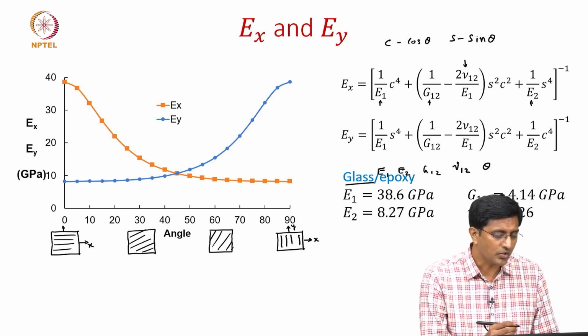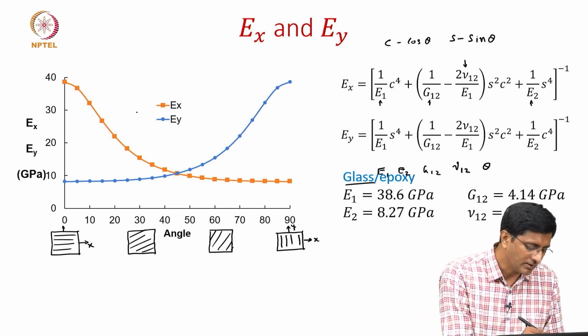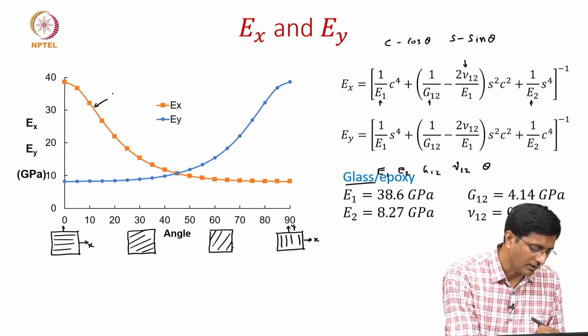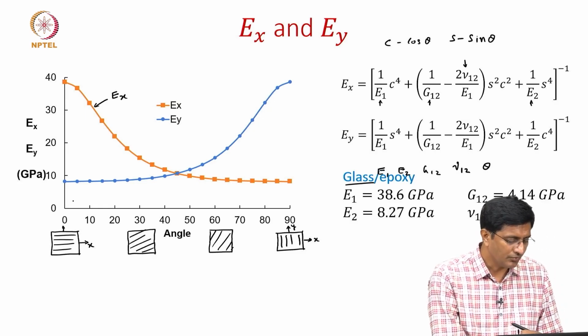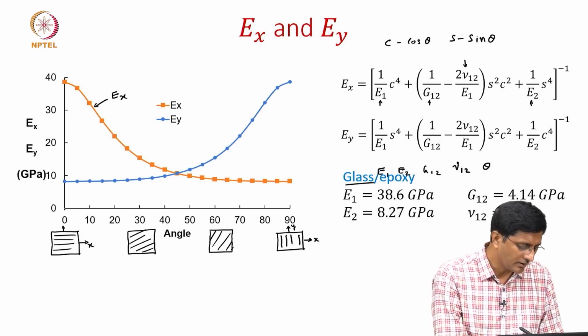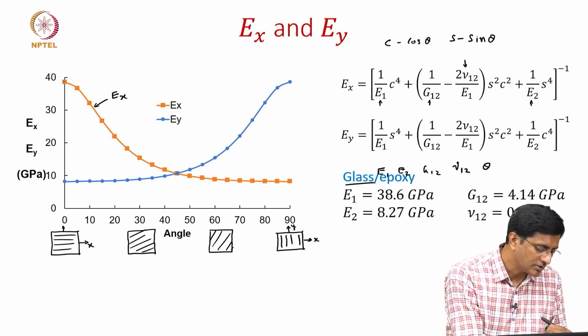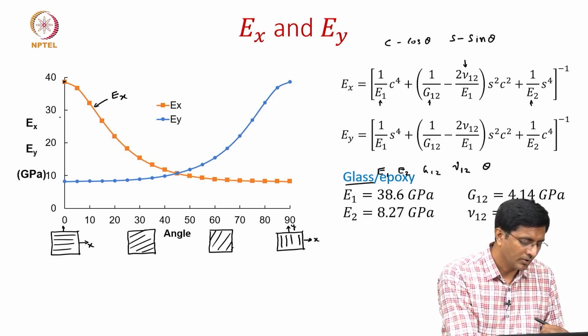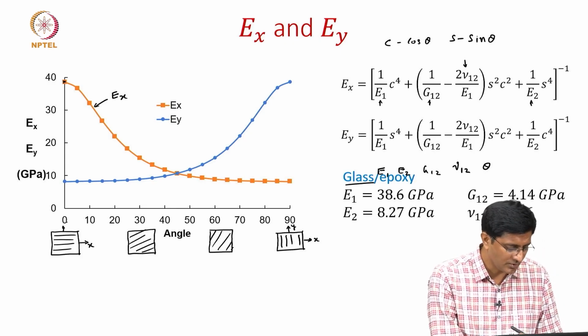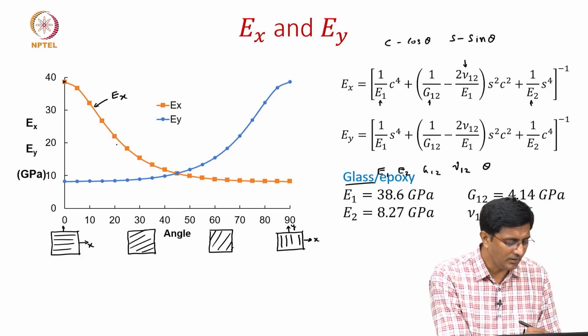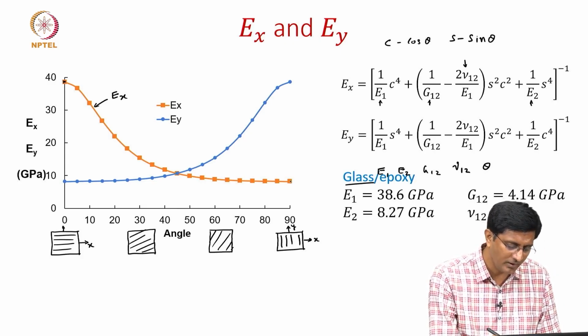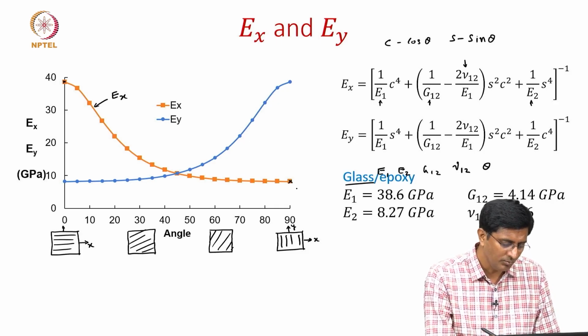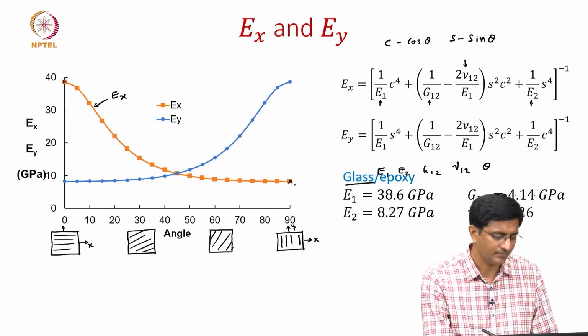Now let us focus our attention on Ex, which is shown by this line. So, we see for orientation angle 0, the stiffness is the highest, but as we increase the orientation angle going from 0 to 90, it gradually decreases and finally it reaches its minimum value at 90 degrees.